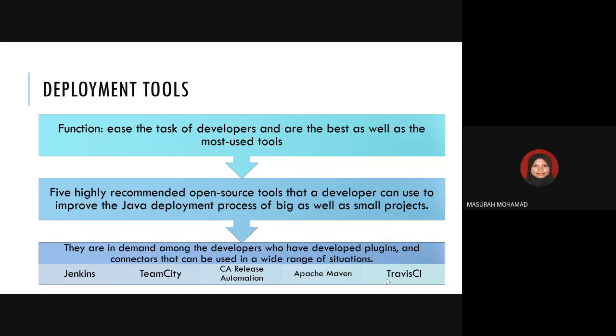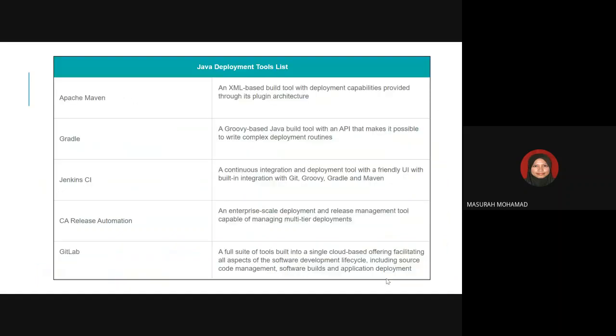There are 5 highly recommended open source tools that can be used to deploy our project, such as Jenkins, TeamCity, CA Release Automation, Apache Maven, and Travis CI. You may use any one of these tools based on the description given here.